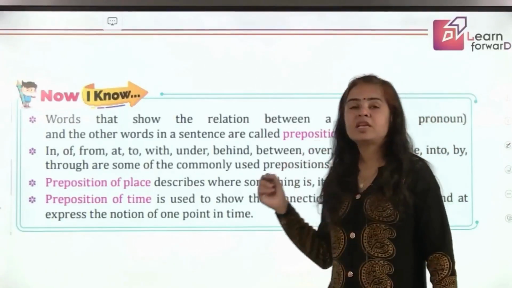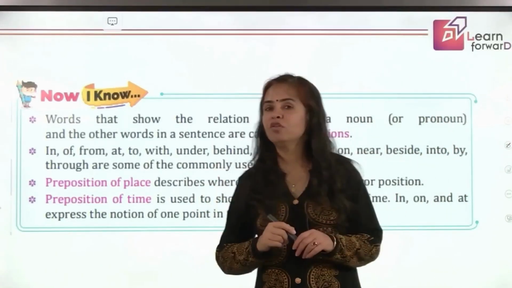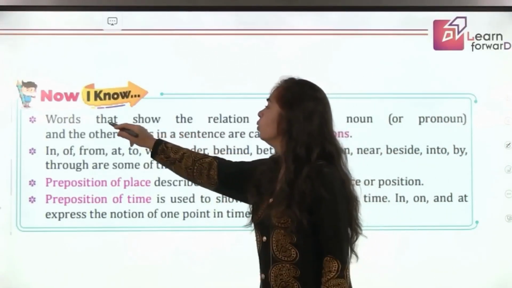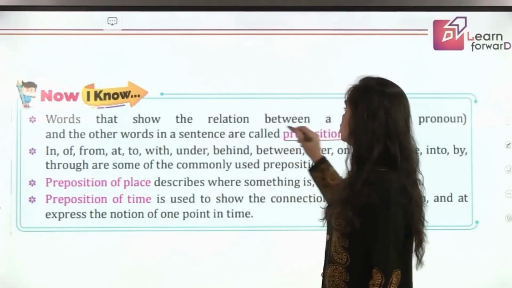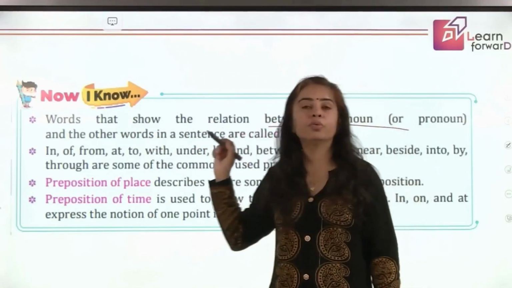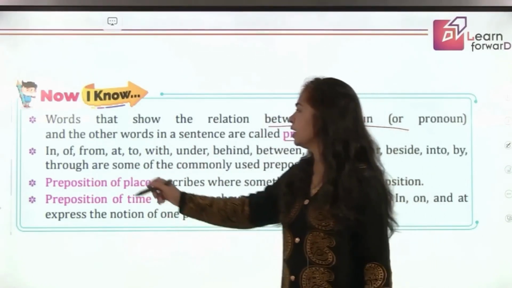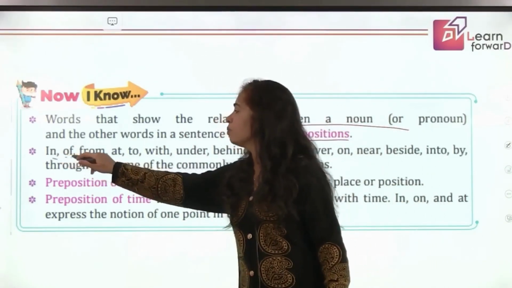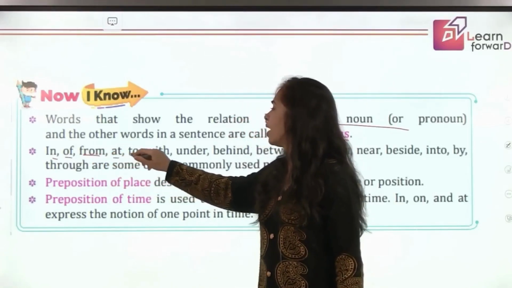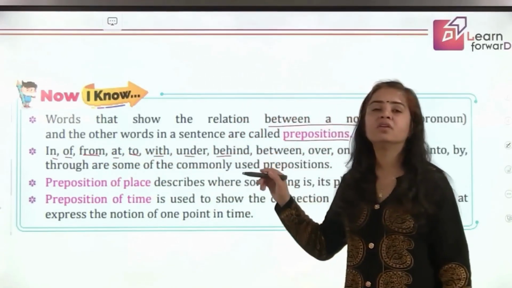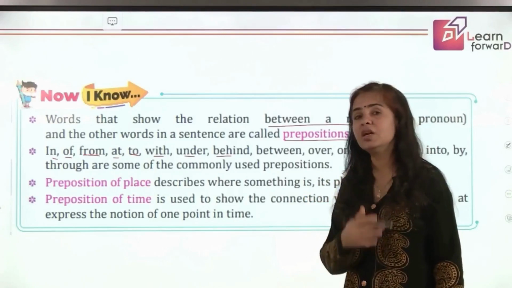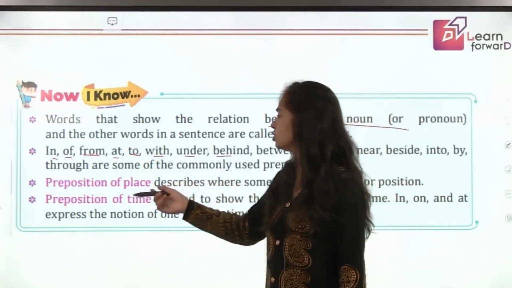Yes. So it's time to have a summary of what we have learned in today's session. What are prepositions? They show a relation between a noun or a pronoun on one side and some other word of the sentence on the other side. And here are a few prepositions: in, of, from, at, to, with, under, and we have learned so many in today's session, and earlier also we know many of the prepositions.